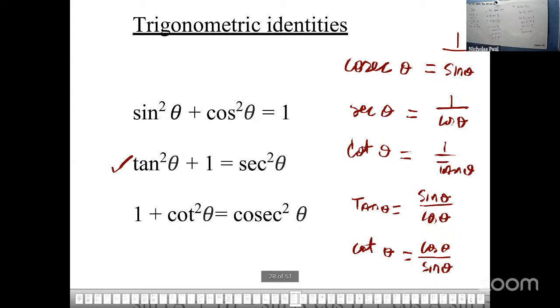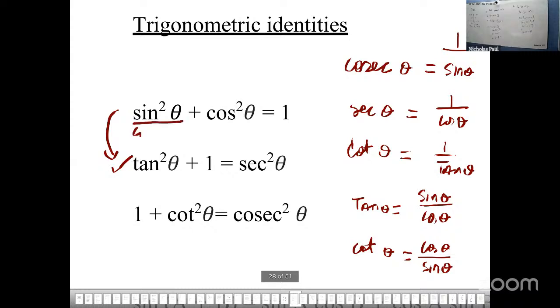What are you doing to get that? There is something that you have to do to the first one to get the second one. Yeah, you have to do something here.